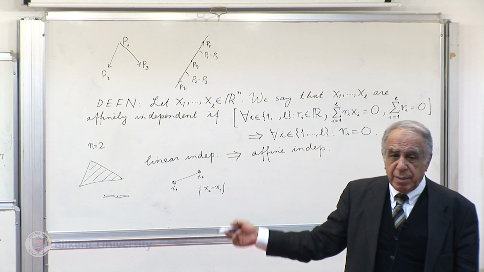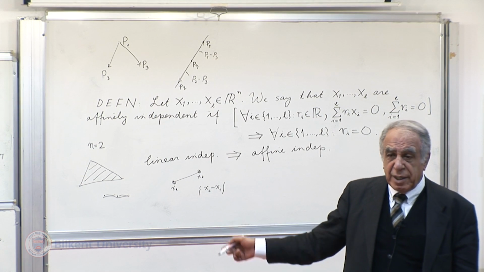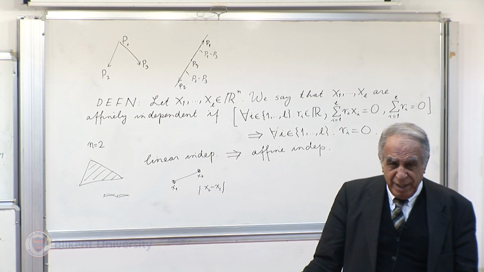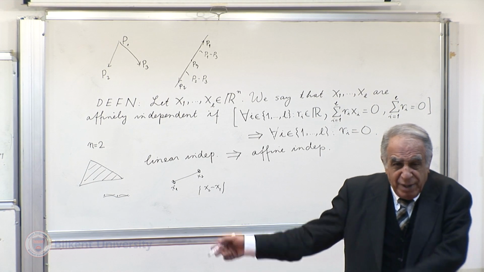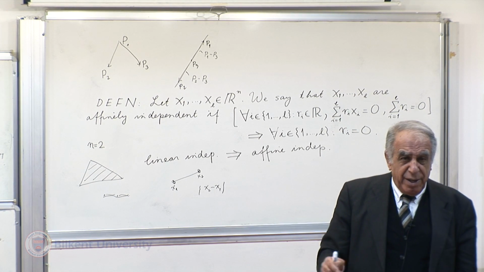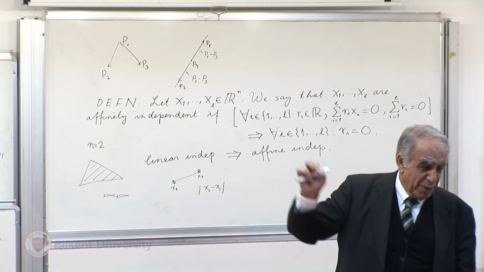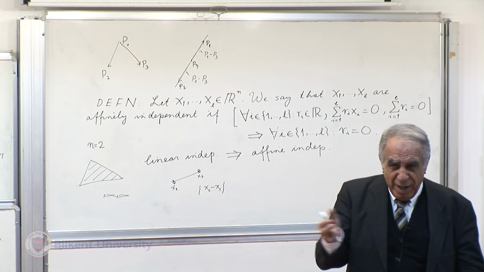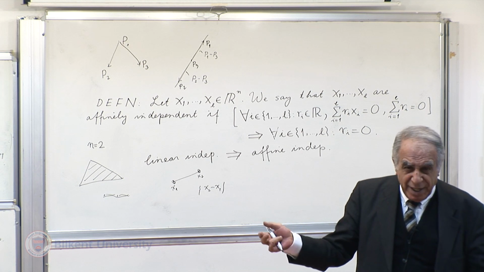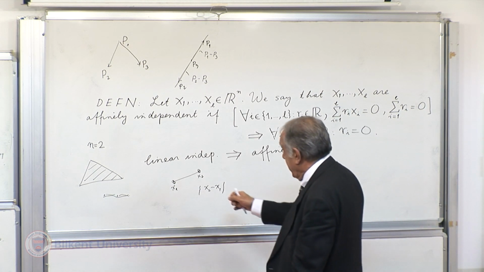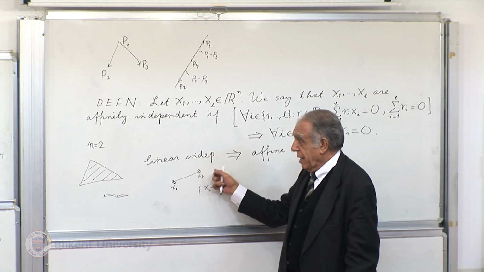If x2 and x1 are different from each other, will this be linearly independent? Yes, if it's non-zero, you write C1 times a non-zero vector equal to 0, then C1 must be 0. So that's linearly independent. So these are affinely independent.